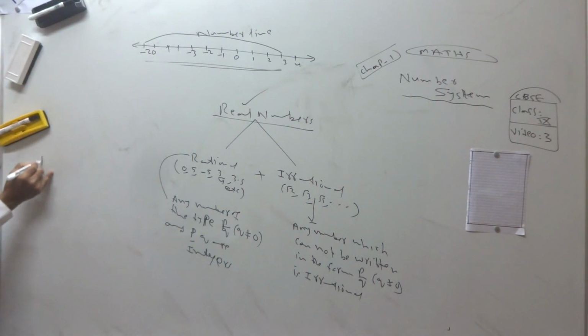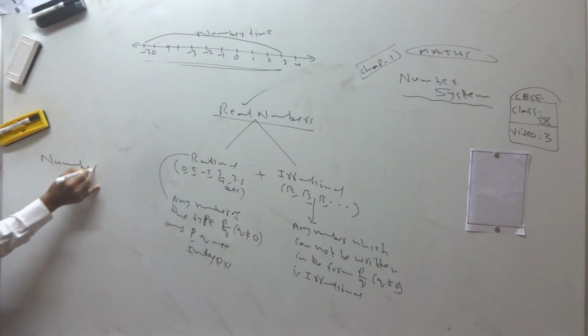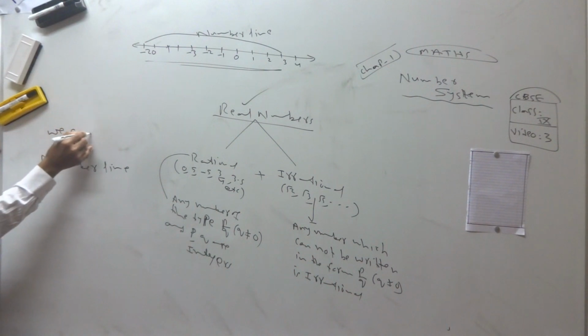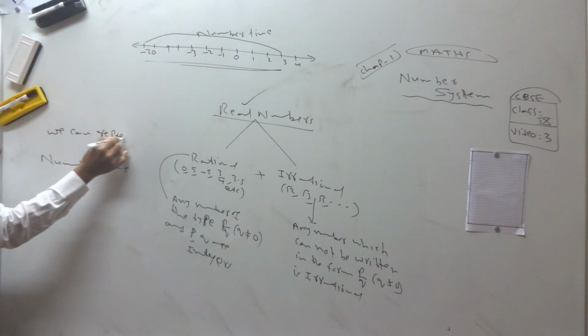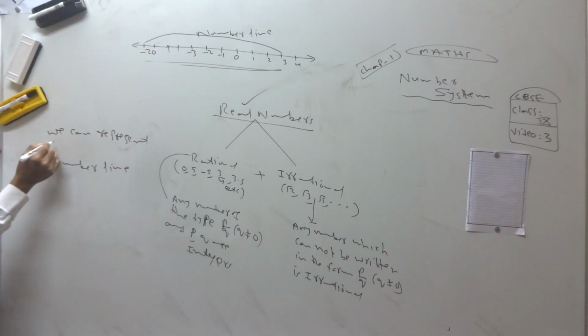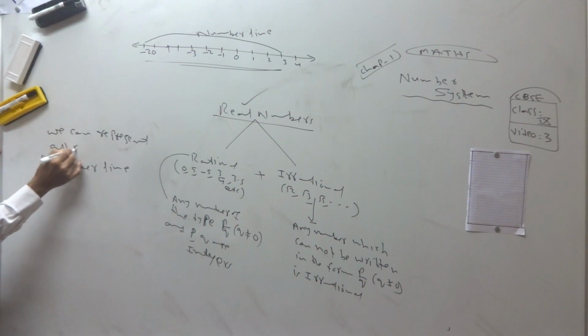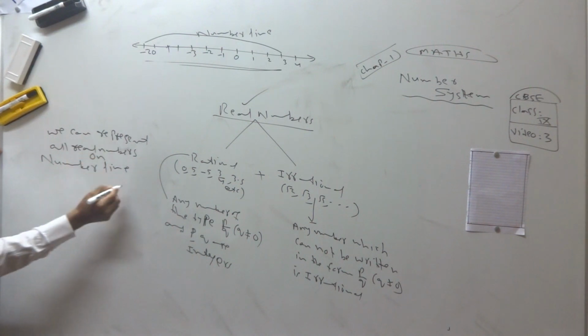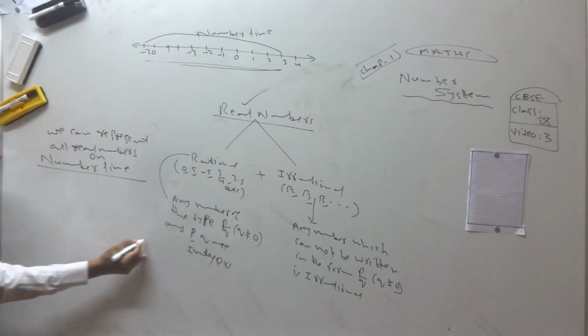The next point: number line. We can represent all real numbers on the number line.